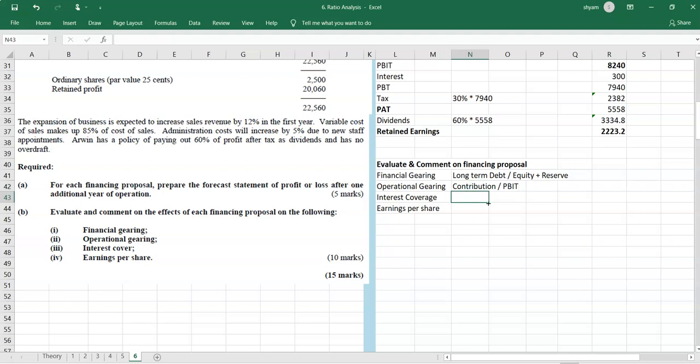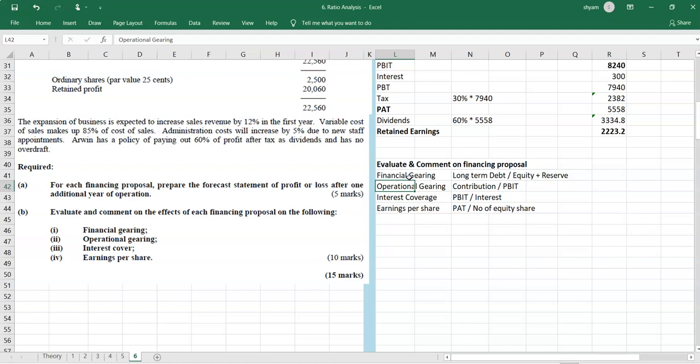Then you have interest coverage. Interest coverage would be PBIT divided by interest, and earnings per share is PAT, profit after tax, divided by number of equity shares. Okay, so that's the idea here.